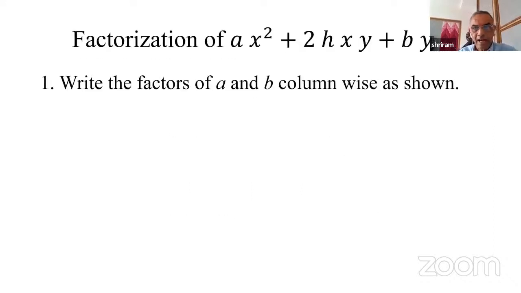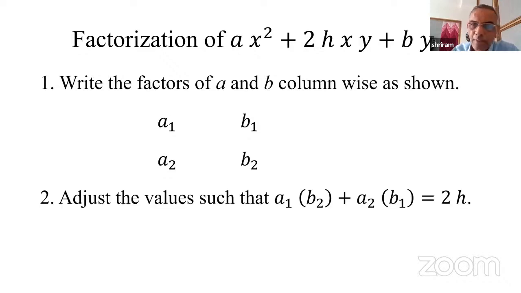Again, factors of a and b, meaning the coefficient of x² and the coefficient of y², are to be selected and written orderly in such a way that their cross product is twice h, meaning the coefficient of xy. So if I write the factors of a as a1, a2, same idea which we had earlier, and the factors of b as b1, b2, I must have a1 multiplied by b2 plus a2 multiplied by b1 equal to 2h.